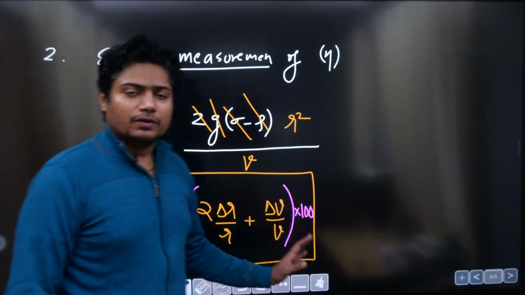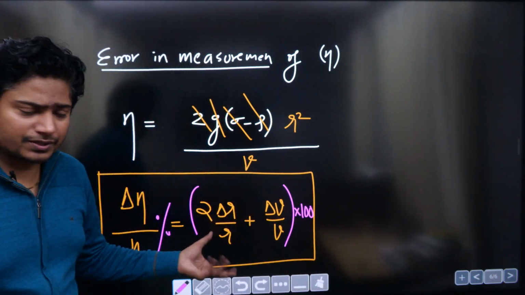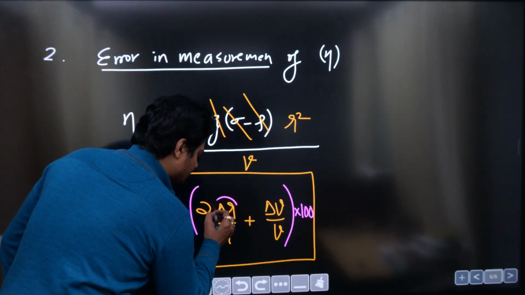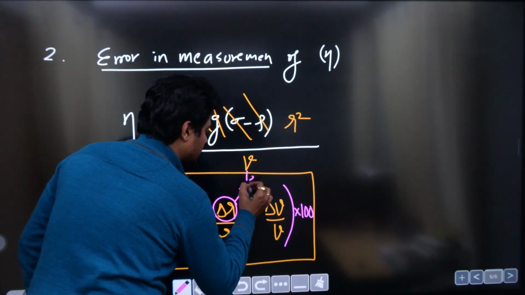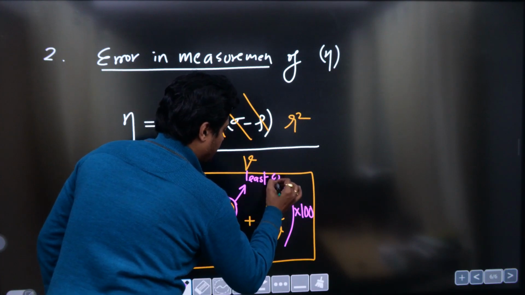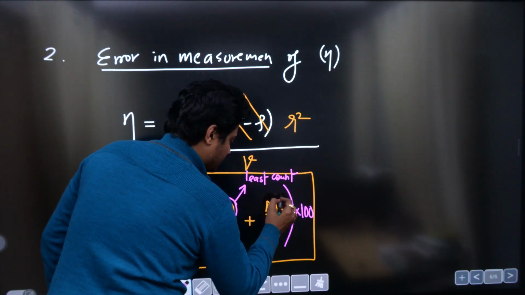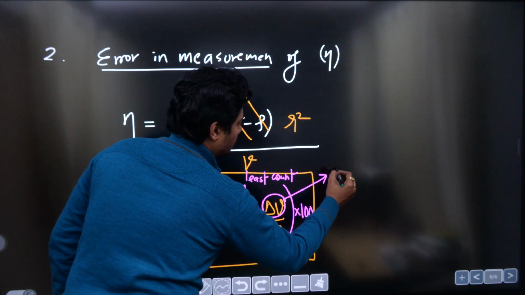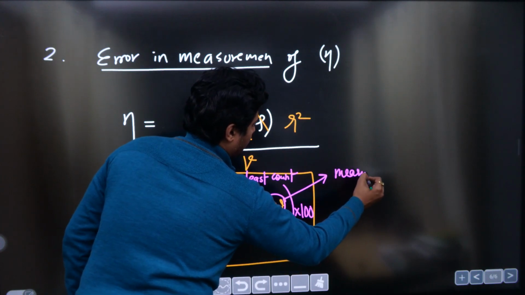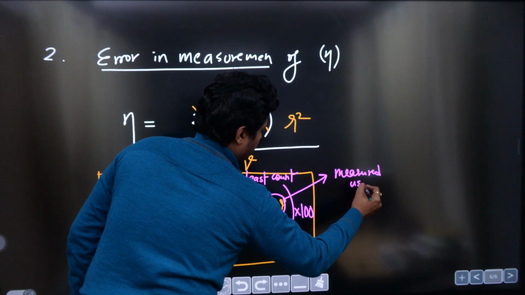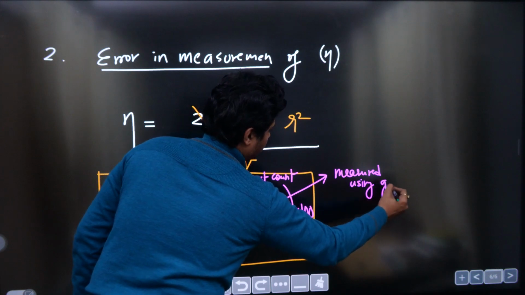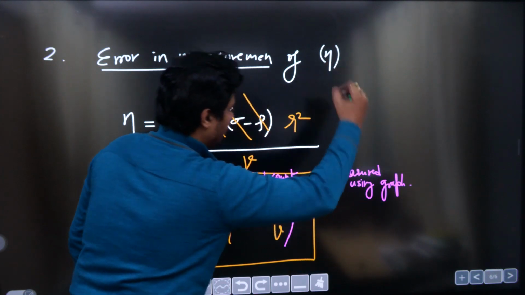More of this will be discussed in your questions, but you can clearly see this is the least count of r, and this delta v is measured using the slope of the graph. I hope it is clear.